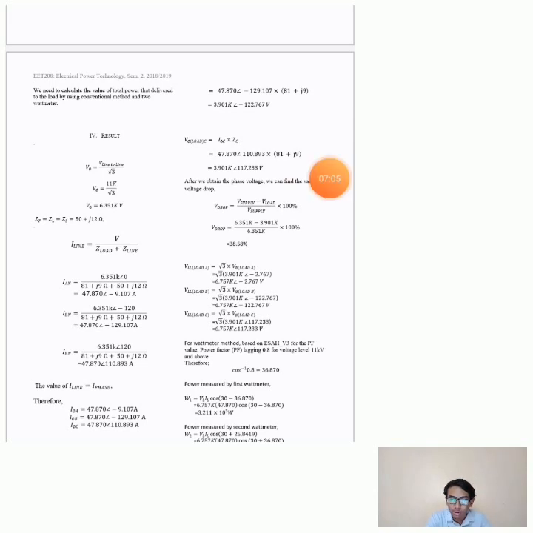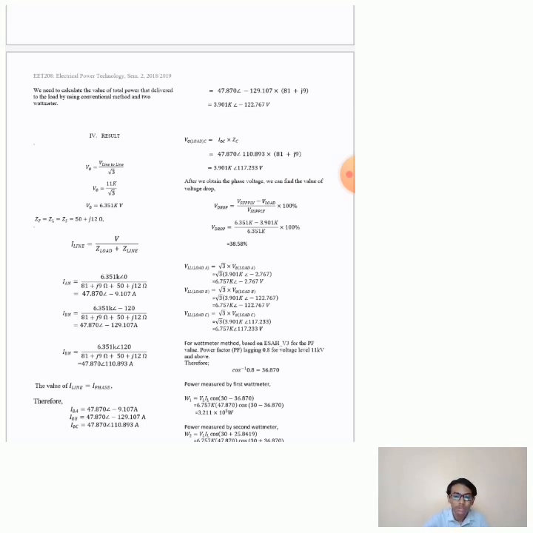Therefore, we need to calculate W1 and W2, because to calculate the total power, we need the values of W1 and W2, and then we sum both of them. Finally, we will get the total power.